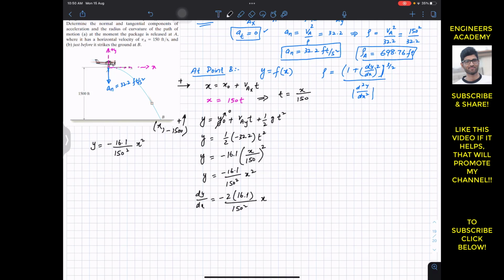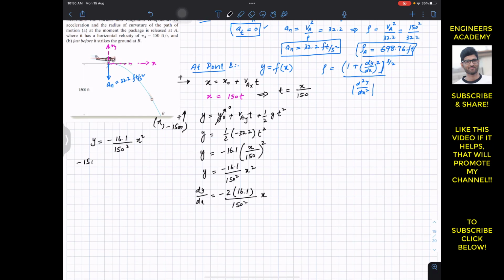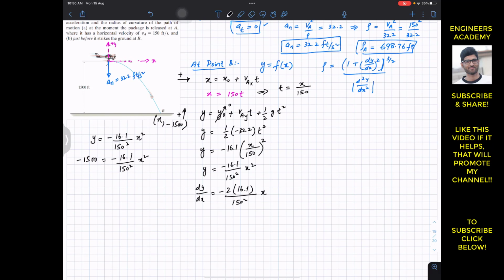So from this equation we can find the x coordinate of the package when it is at B. We know the y coordinate. The y coordinate at B is minus 1500. Minus 1500 equals minus 16.1 divided by 150 square x square. So minus sign will cancel out.